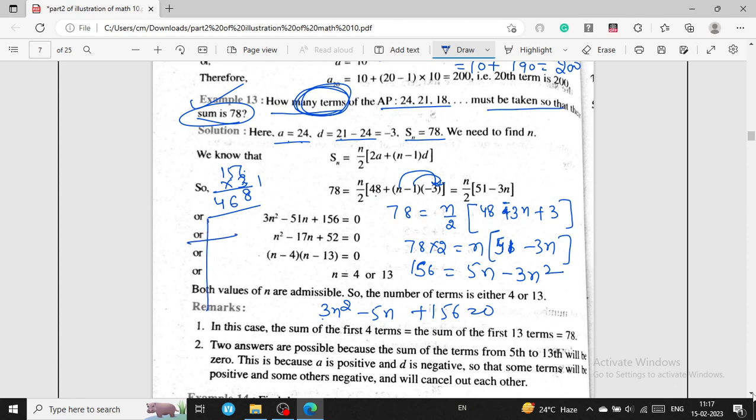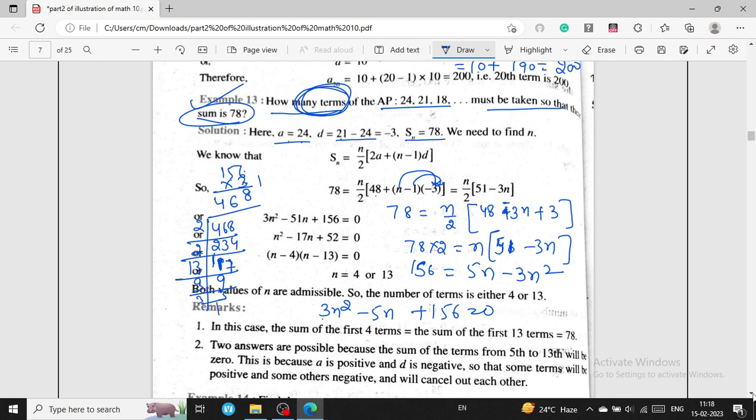Now make the factors of it: 2 times 2 is 4, 2 times 3 is 6, and so on. We need two numbers whose product is 468 and sum is 51. 13 nines are 117, and 9 times 3 is 27.